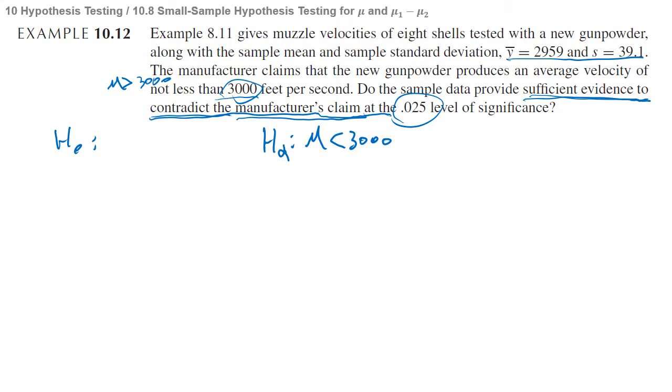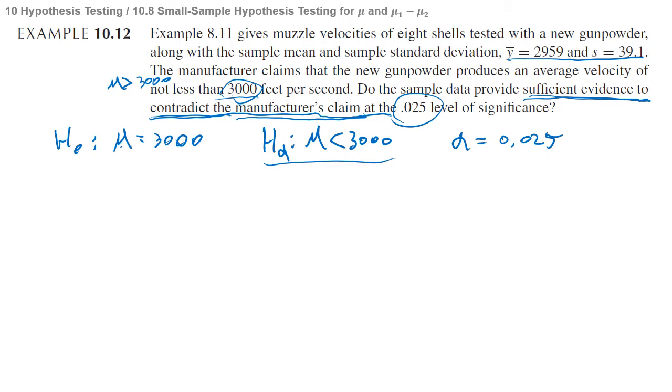So our alternative hypothesis is this, and the null hypothesis is mu is equal to 3,000. And alpha is 0.025.